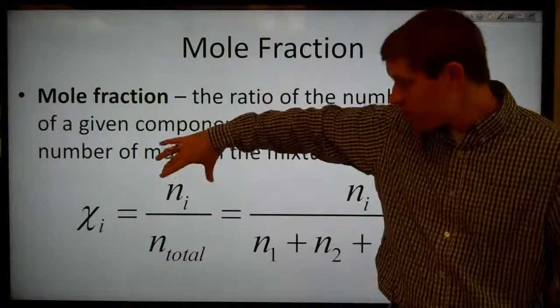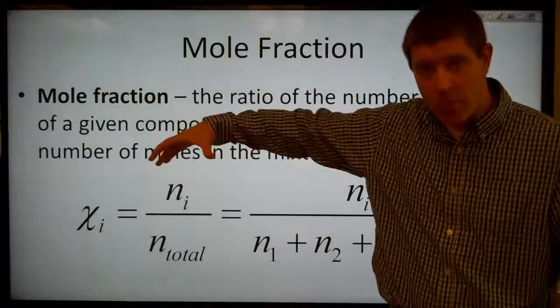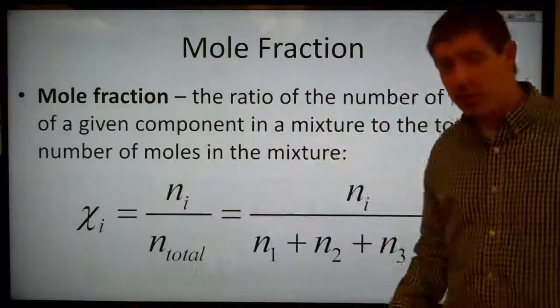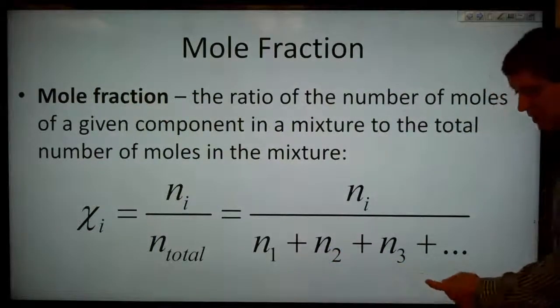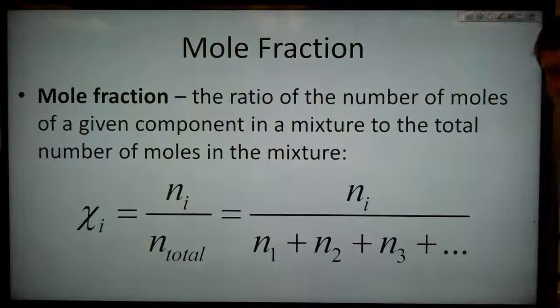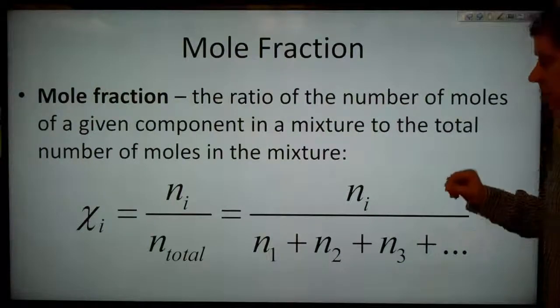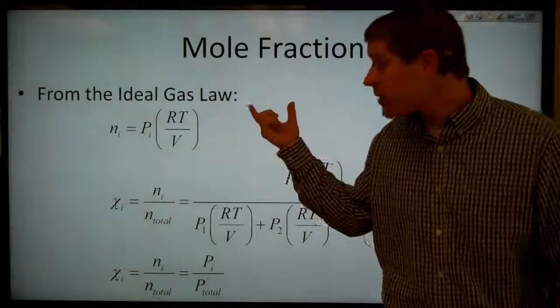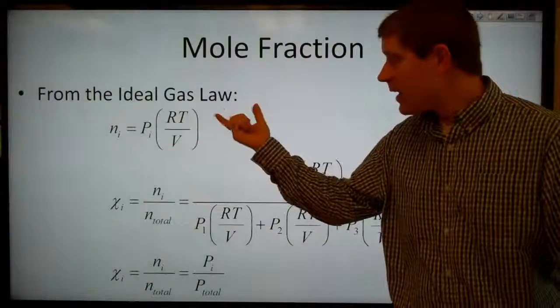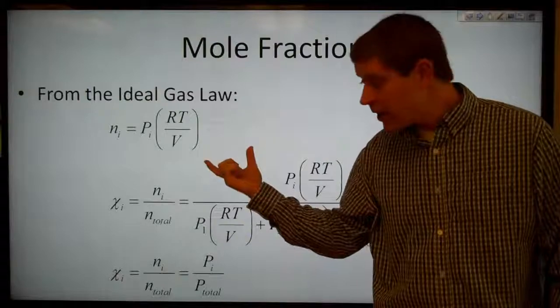So the mole fraction is the number of moles of the component that you're interested in divided by the total number of moles in the mixture. So n_i over n1 plus n2 plus n3 and so on, all the way up to the last component in the mixture. From the ideal gas law, we have n_i is equal to P_i times V over RT.